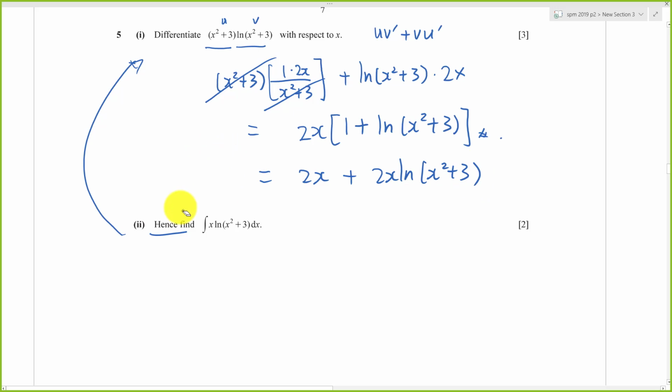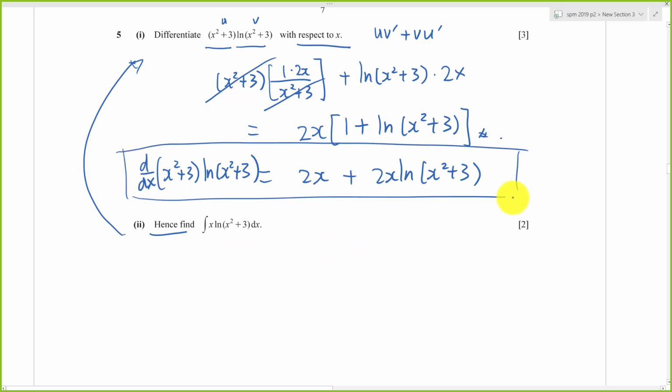I cannot write dy/dx here unless I let the whole thing equal y. So over here they just say differentiate with respect to x, so I can only write d/dx. So this one is x squared plus 3 times ln of x squared plus 3. That means I differentiate this one with respect to x. Okay, so yeah, that's what I want to do now.